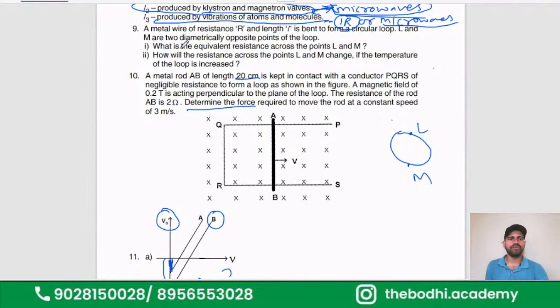Now, what is the equivalent resistance across the points L and M? Very good question. First of all, L and M divide this entire circle into two parts, right?